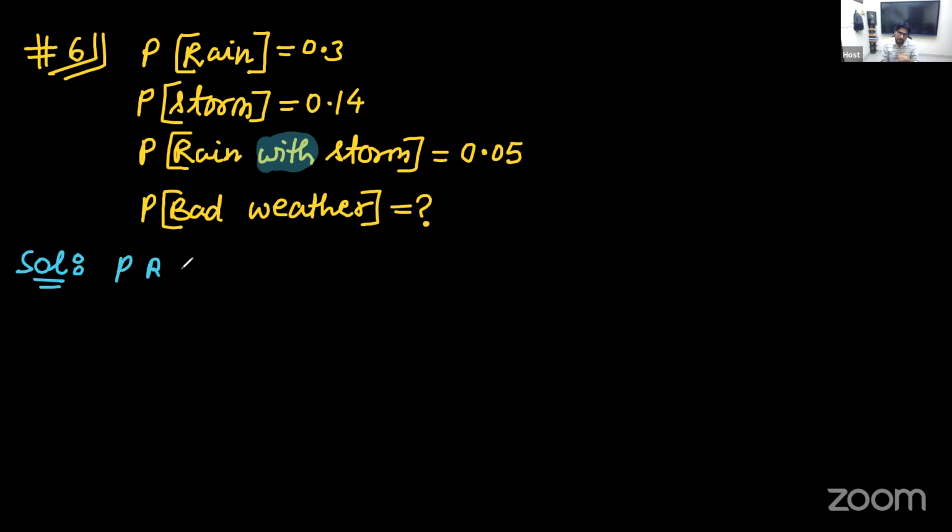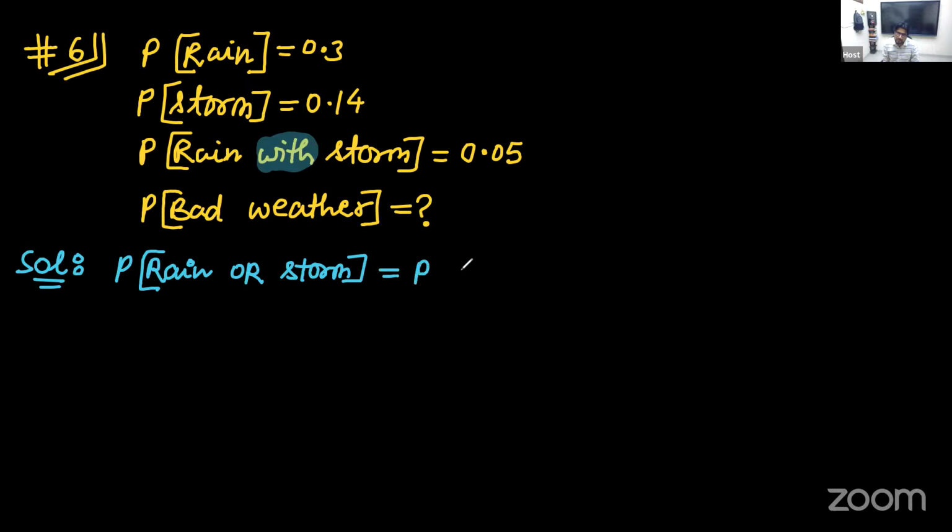Probability of bad weather means rain happens or storm happens. Rain happens, then also there is bad weather, or storm is coming, then also there is bad weather.